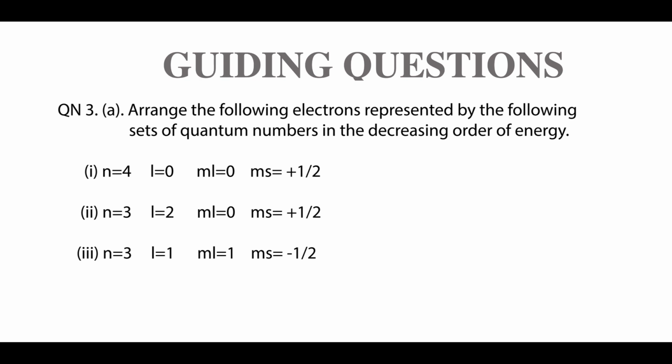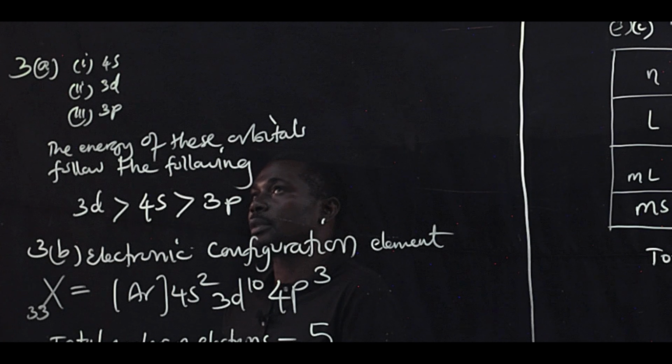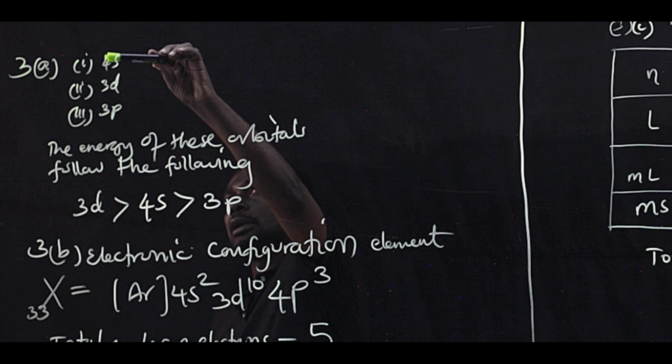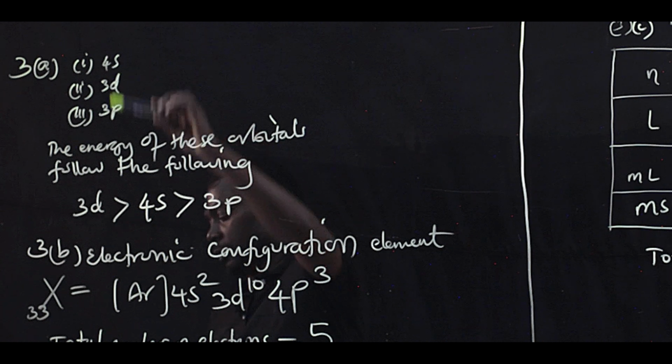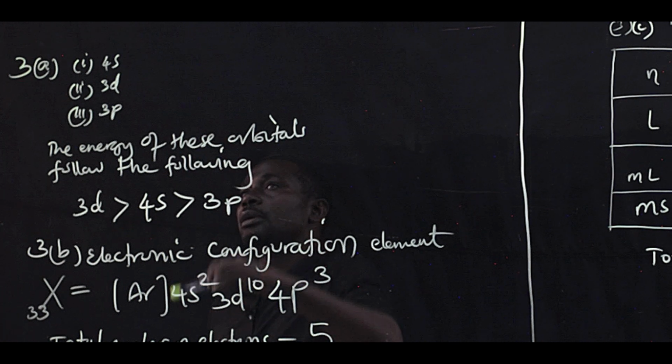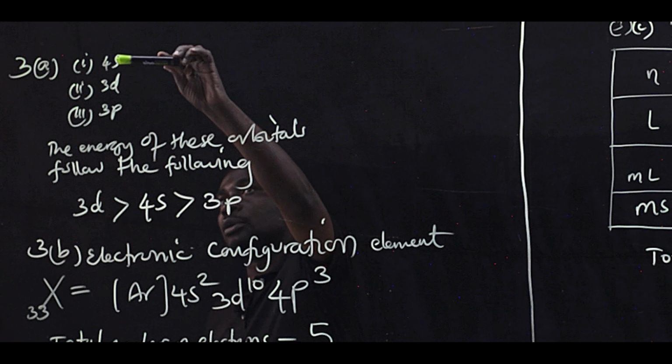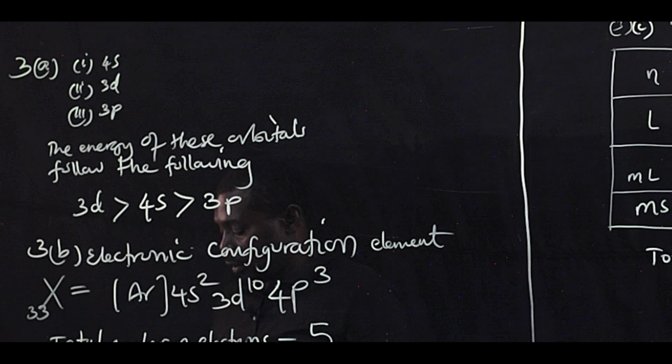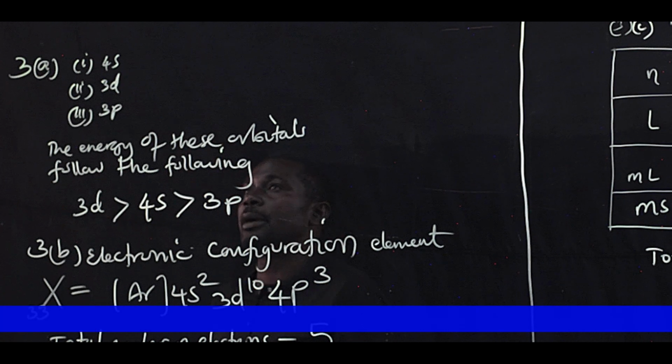So for n is equal to 4, L 0, ML 0, and MS positive a half, identify what kind of orbital is represented by these 4 quantum numbers. For n is equal to 4, it indicates shell number 4. L is equal to 0 specifies an s orbital. For Roman number 2, n is equal to 3 specifies shell number 3.